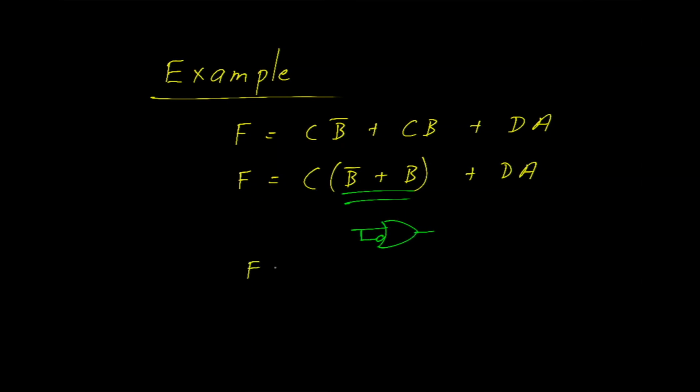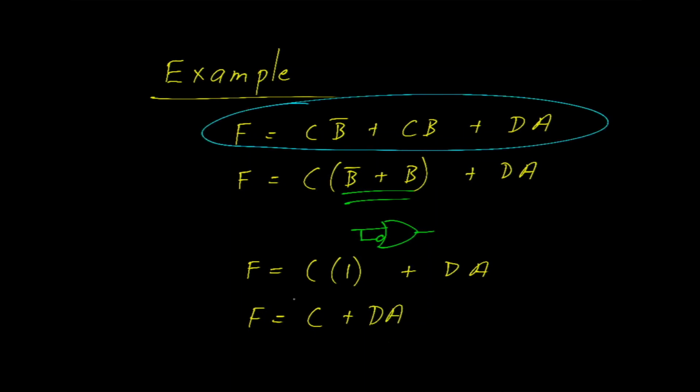As far as the equation goes, it becomes C and 1 or dA, or simply f is equal to C or dA. This circuit and this circuit are functionally equivalent.